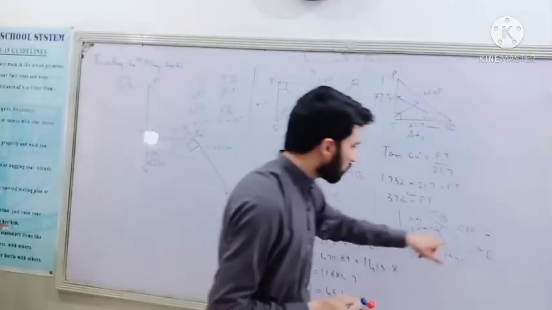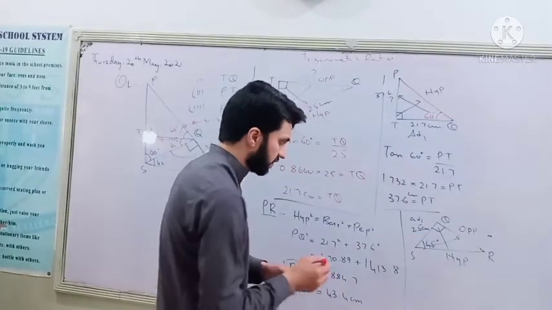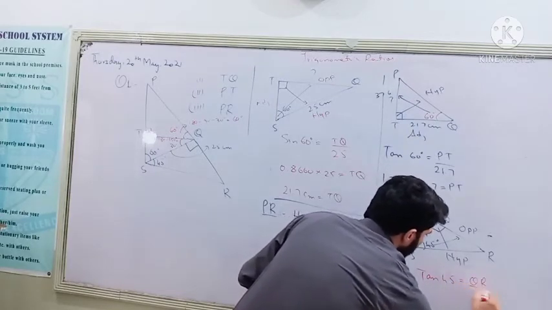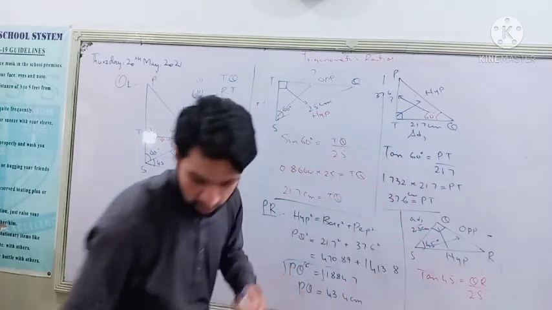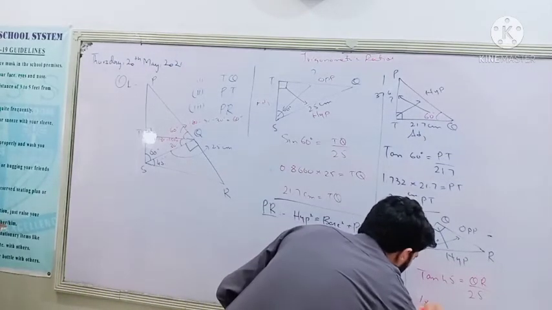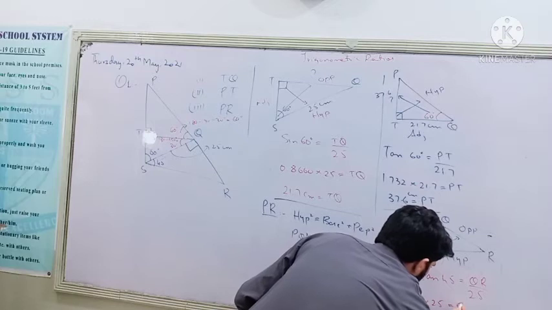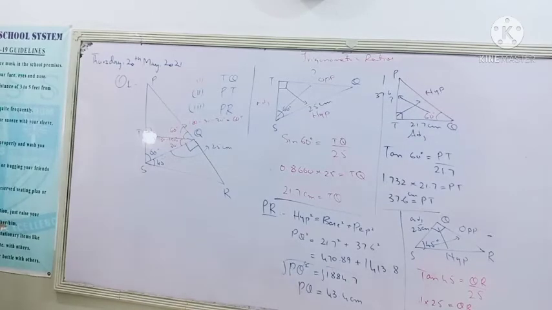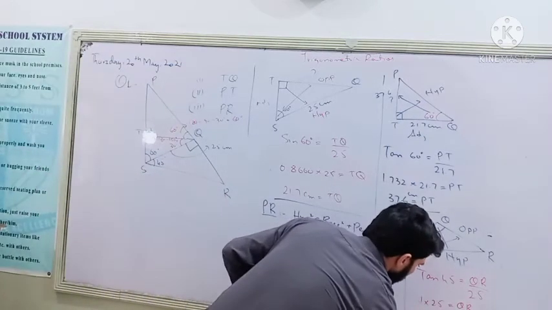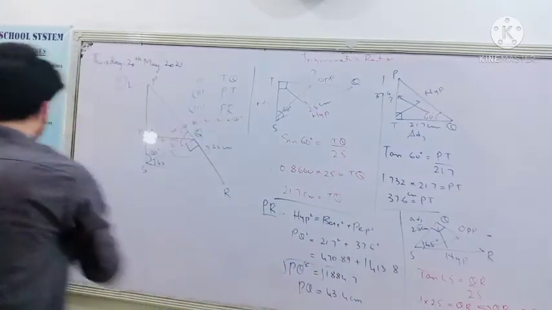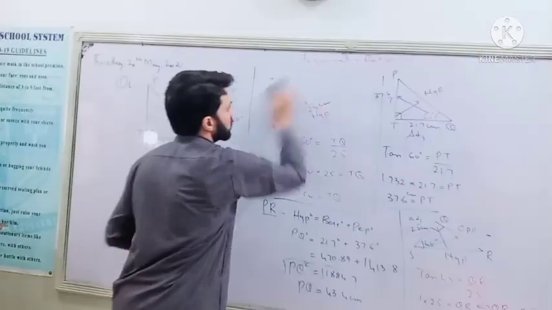Again we have to find opposite and we have adjacent, so apply tan 45 is equal to opposite QR over adjacent 25. Tan 45 is 1, into 25 is equal to QR, that is 25. QR is 25.